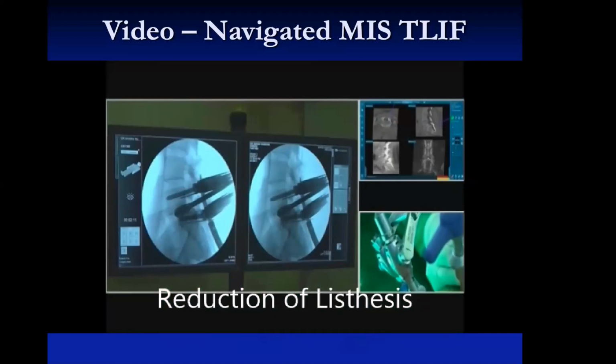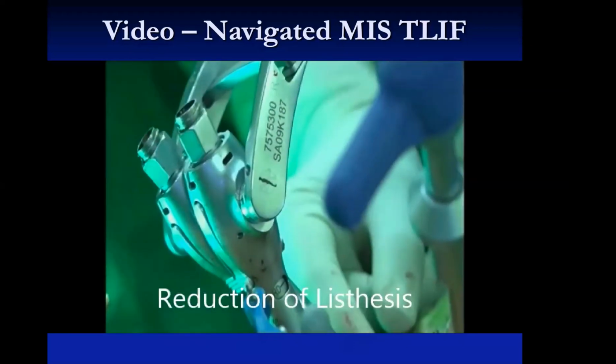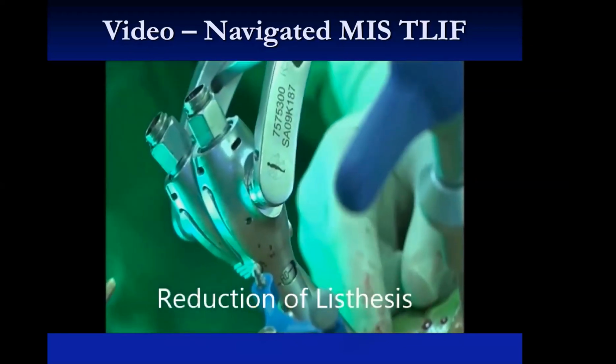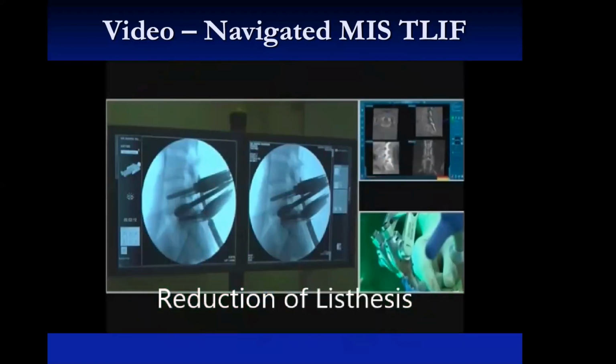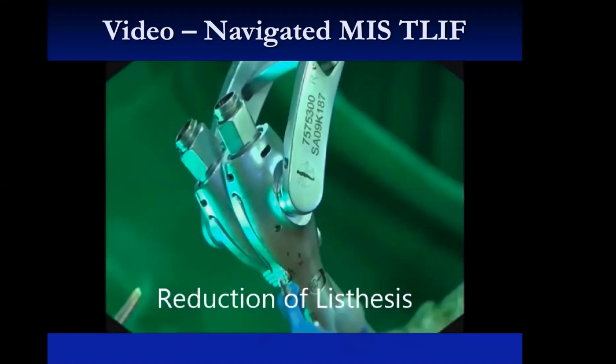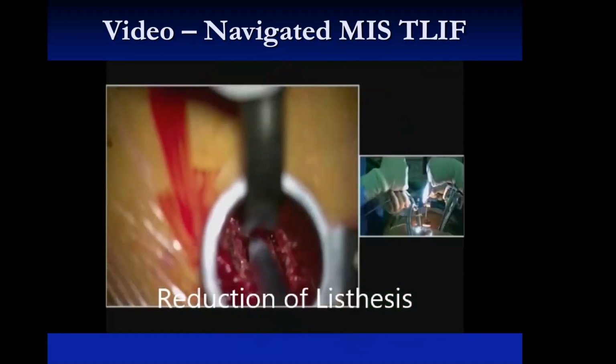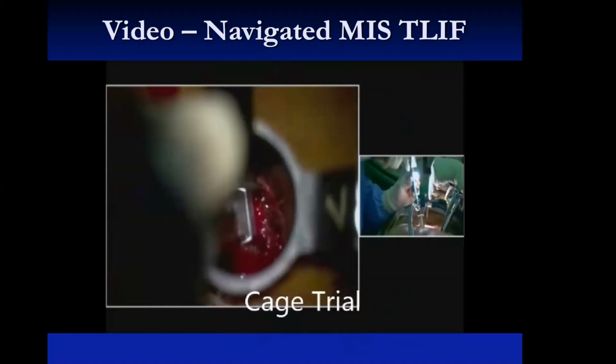That can be witnessed in the C-arm. Using this particular mechanism, the spondylolisthesis is reduced.